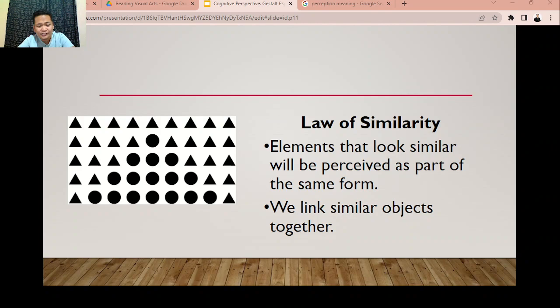Since na-organize yung circles in such a way that it formed the shape of a triangle. In relation to the teaching-learning process, class, that's why we organize our lessons. We group similar lessons, hindi in isolation.